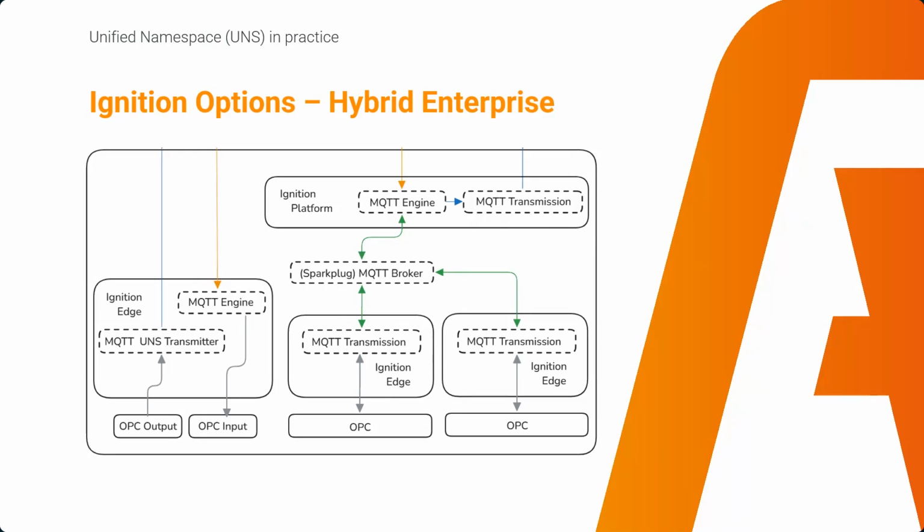In this case, we don't want, for instance, a random IT system to change values in a PLC. So that's why we see an OPC input and output down here. The engine is writing the values to an input field, and the PLC will first make the choice if it does something with that.